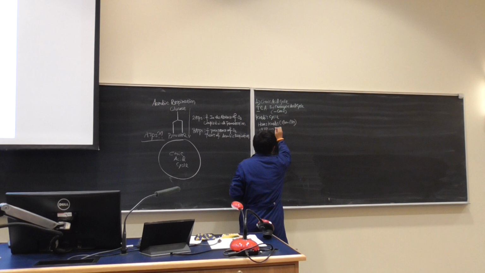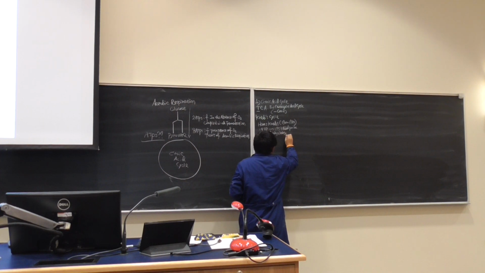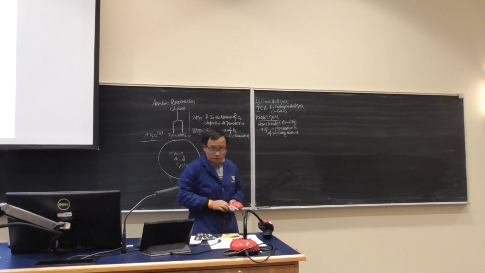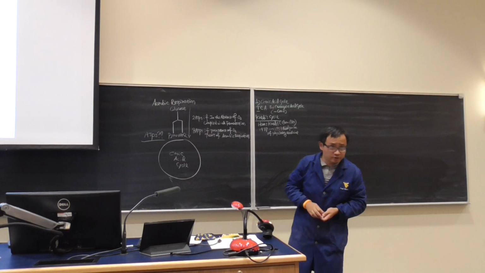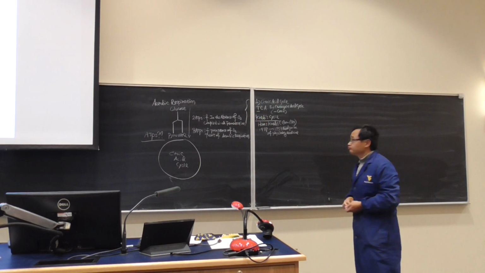In 1953, he received the Nobel Prize in physiology and medicine. It was a breakthrough in the modern biochemistry area, which is what we talk about in aerobic respiration. So there are the 3 names and that's where they come from: citric acid cycle, TCA cycle, Krebs cycle.